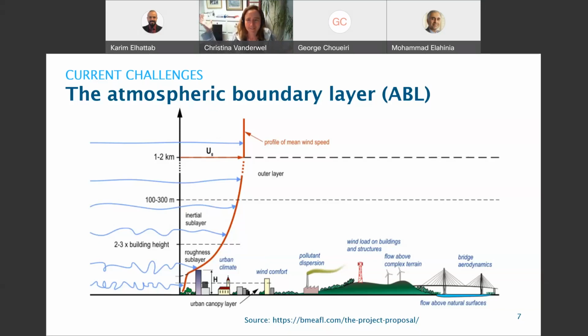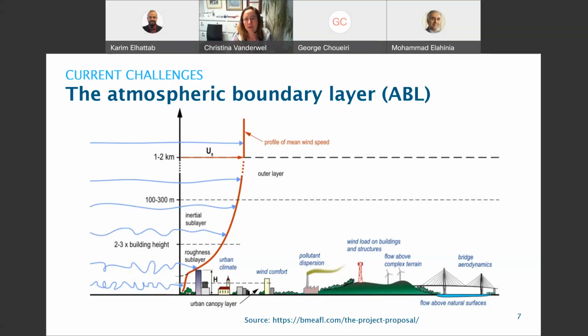Well, I'm interested in this problem because it's essentially a huge fluid dynamics problem, and you can consider the atmospheric boundary layer as essentially just a canonical turbulent boundary layer, except that it's over a rough wall instead of a smooth wall, because you can think of buildings and trees as surface roughness. And when you look at it this way, you can see how knowing the wind profile, which is sketched here, obviously it's slower near the ground and goes to a quite fast free stream at the outer edge of the atmospheric boundary layer.